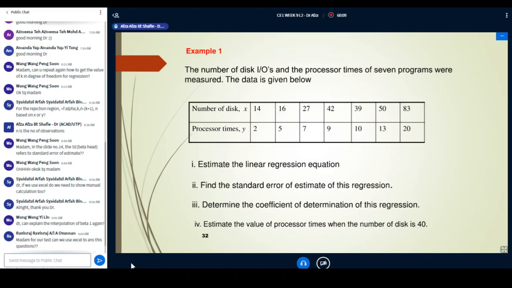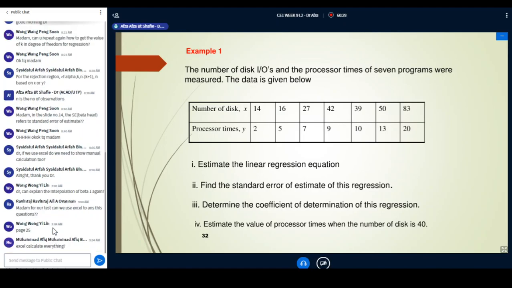Yeah, I would say so, because Excel is for you to calculate. Like I said, my interest is more on how you do the interpretation of the results. That would be my interest. Hold on, yes, Excel calculates everything for you.